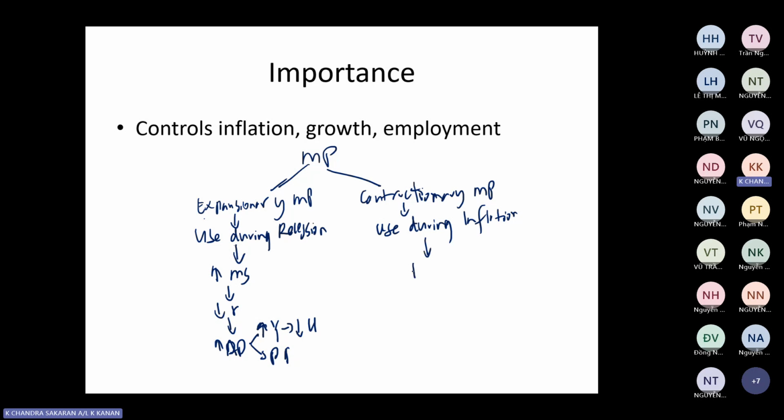Here is to reduce the money supply, which increases the R, which will reduce the aggregate demand because investment drops. Three changes here: production will fall, unemployment goes up, price will fall. All this, you can use the diagram to show. So this is a summary.